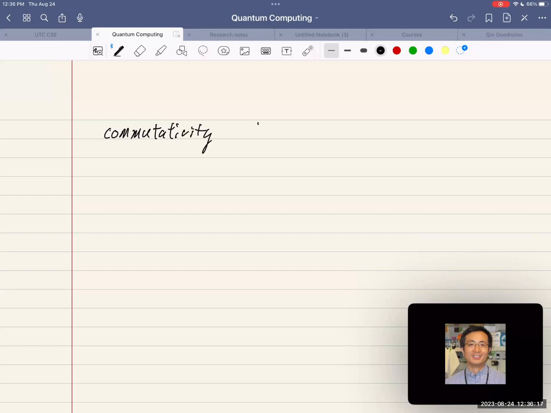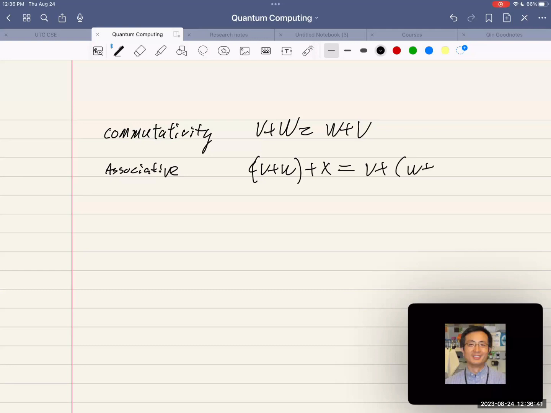That means v plus w equals w plus v, which is kind of obvious. Then associative, which is v plus w, sorry, plus x equal to v plus w plus x.